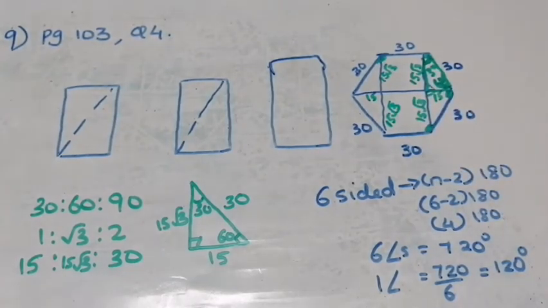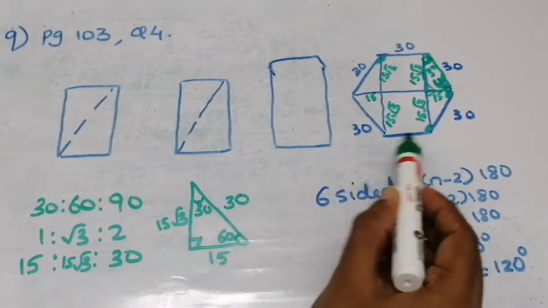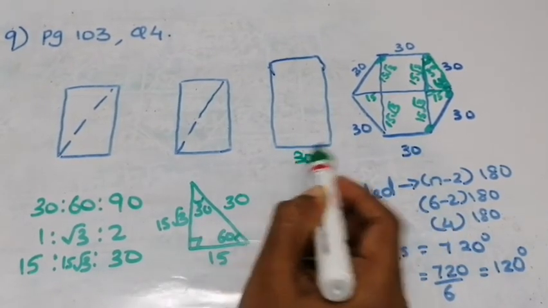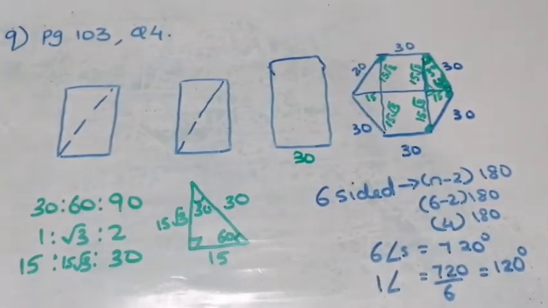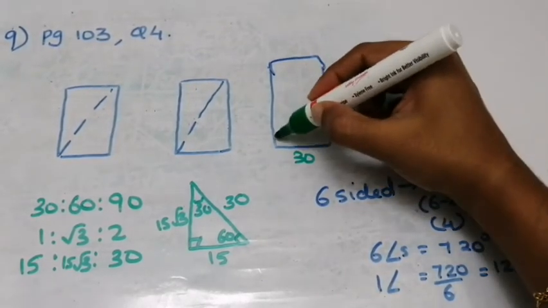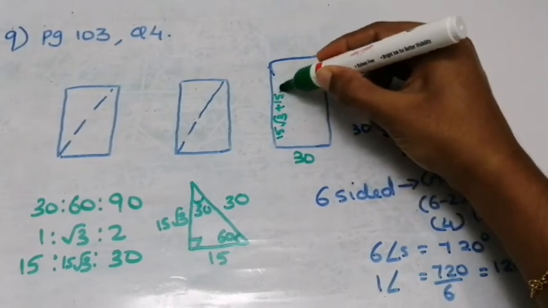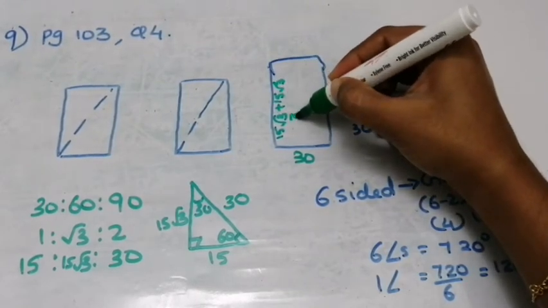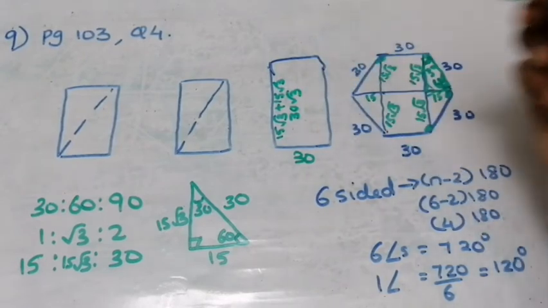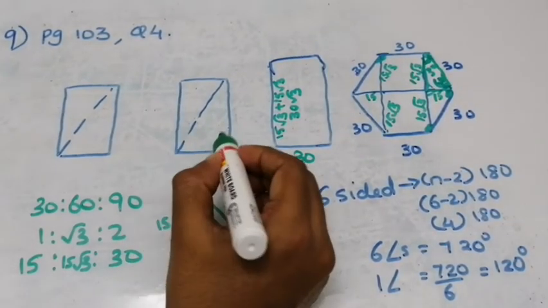This is how you will get. So from the figure itself we understood that this side of the rectangle is 30 and how much is this side? 15 root 3 plus 15 root 3. So total how many root 3? 30 root 3.